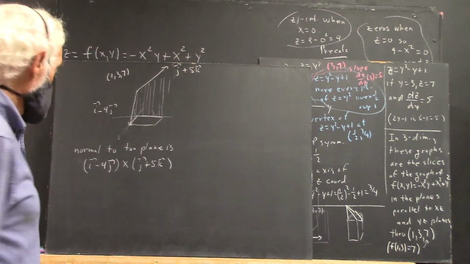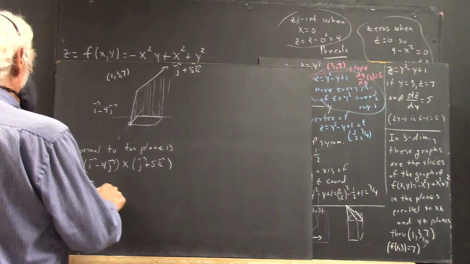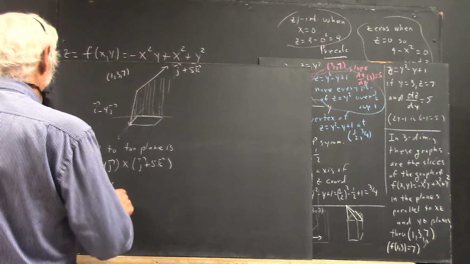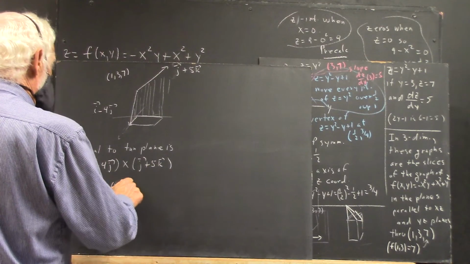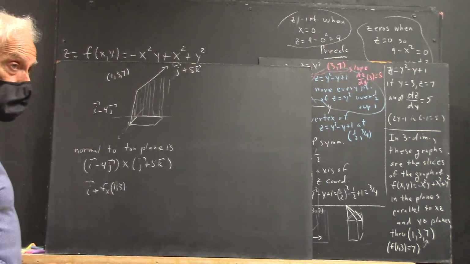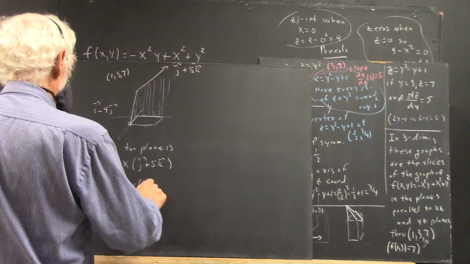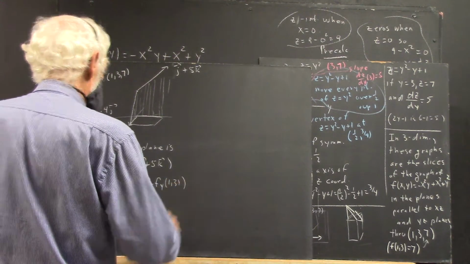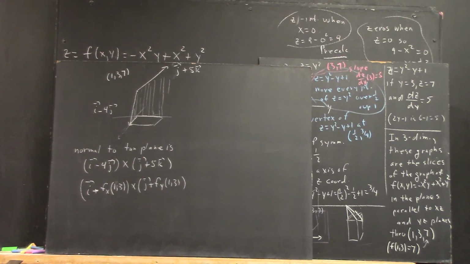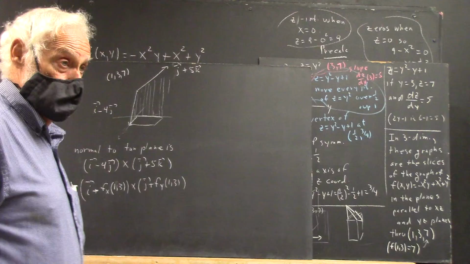And of course, that's i plus fx evaluated at the point 1, 3, cross k plus fy evaluated at the point 1, 3. Which is just what we did last time.